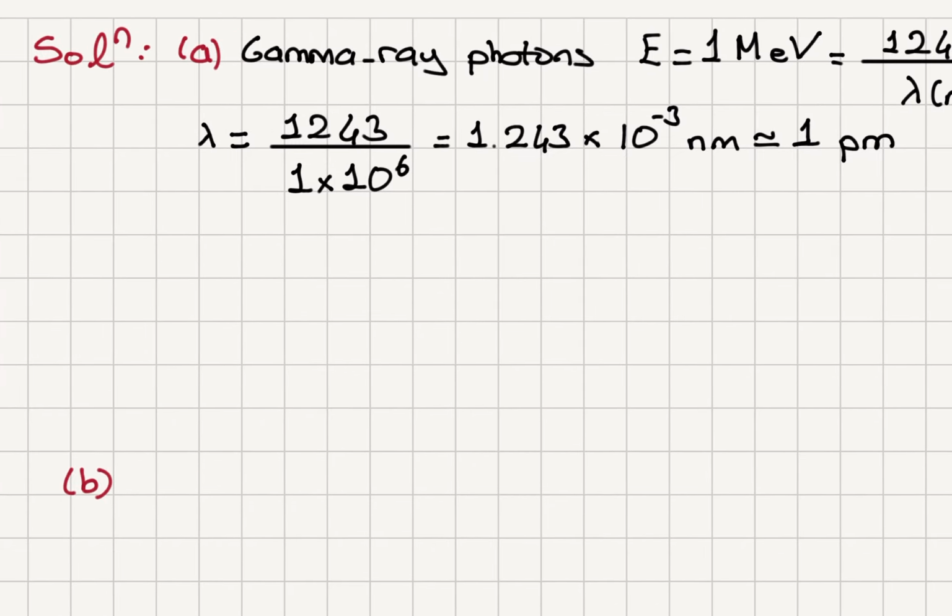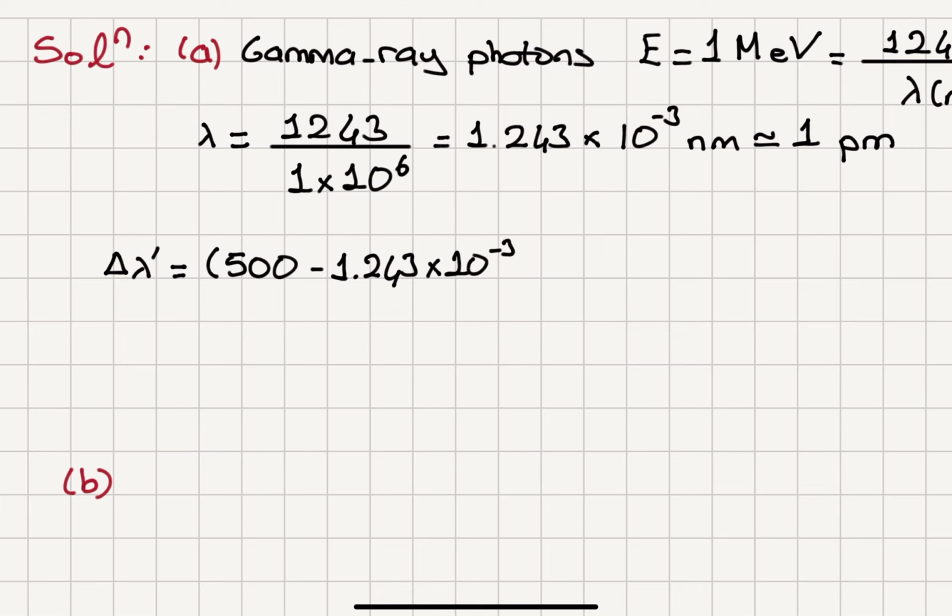Now, what we see emanating from the surface of the Sun is the visible light. So the change in the wavelength is the final wavelength 500 nanometers, minus the initial wavelength 1.243 times 10^-3 nanometers.